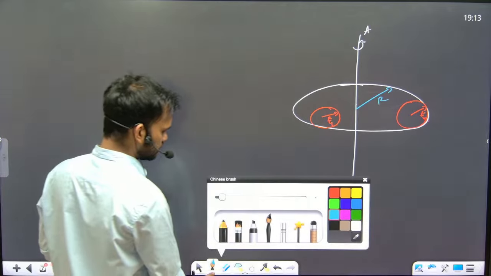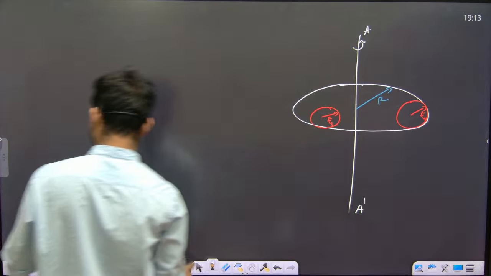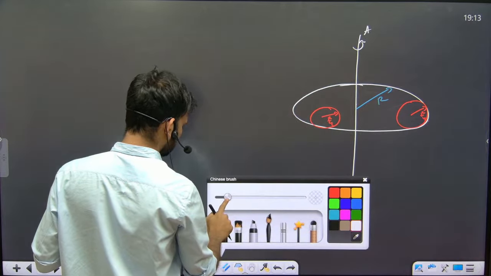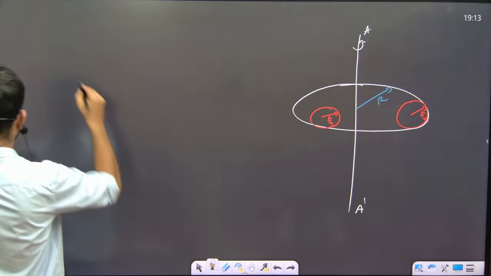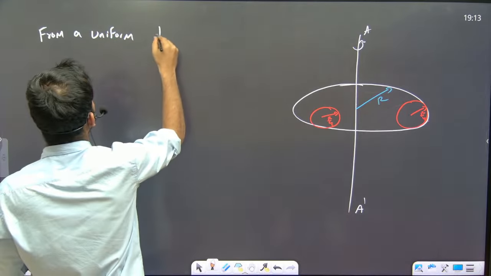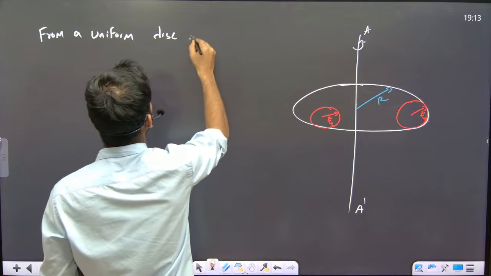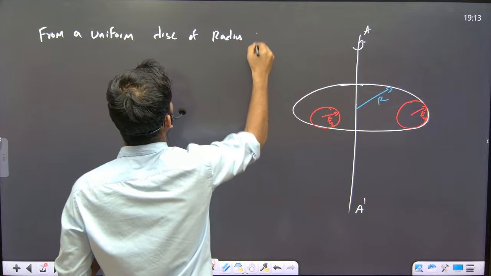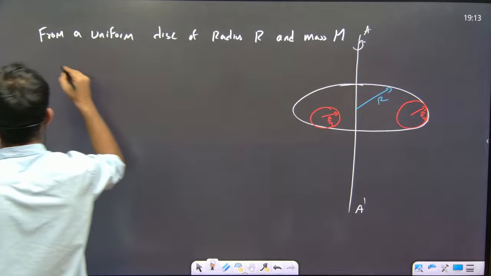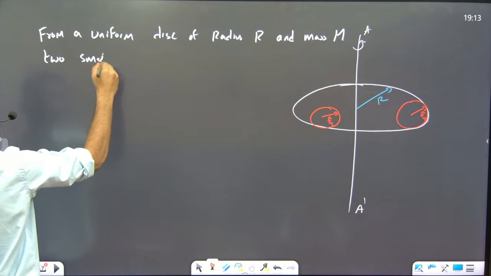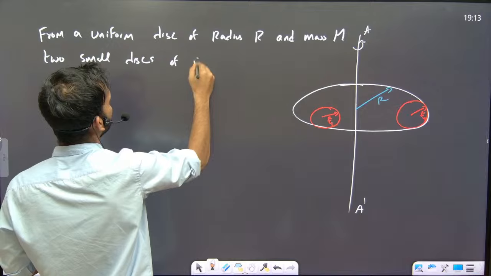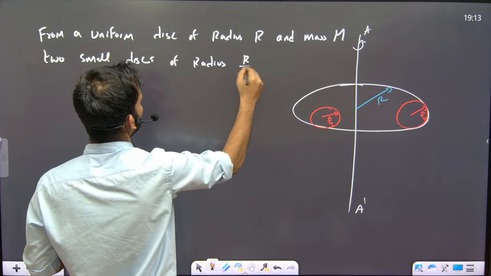So let me read the question clearly. The question is this: from a uniform disk of radius r and mass m, two small disks of radius r by 4 are cut.